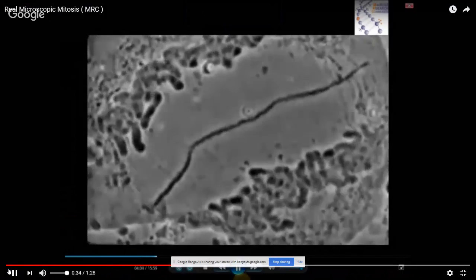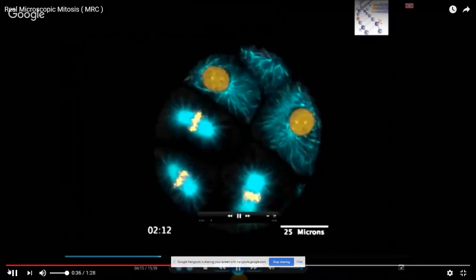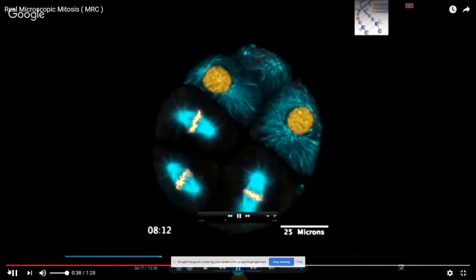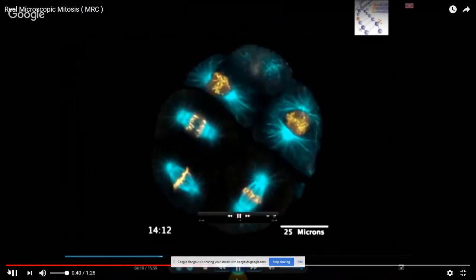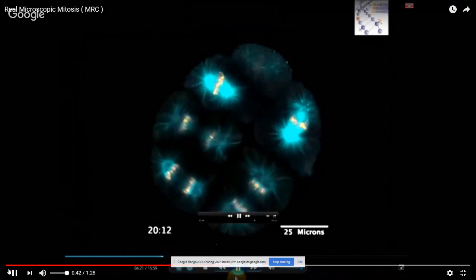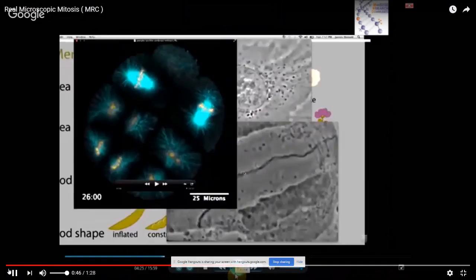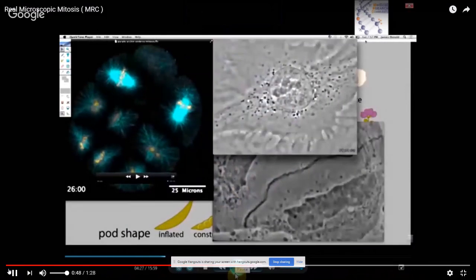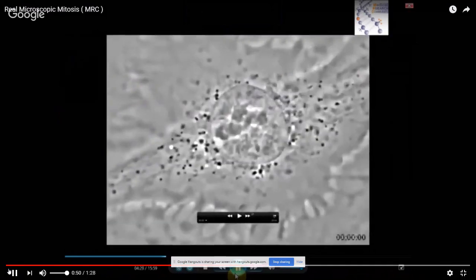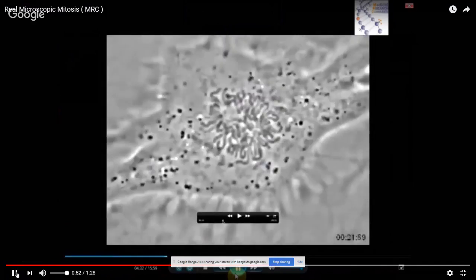And then you start to see cytokinesis happening, the cytoplasm getting separated. This is just showing it fluorescing. So this shows anaphase lining up. We can observe how the chromosomes behave, just video after video.